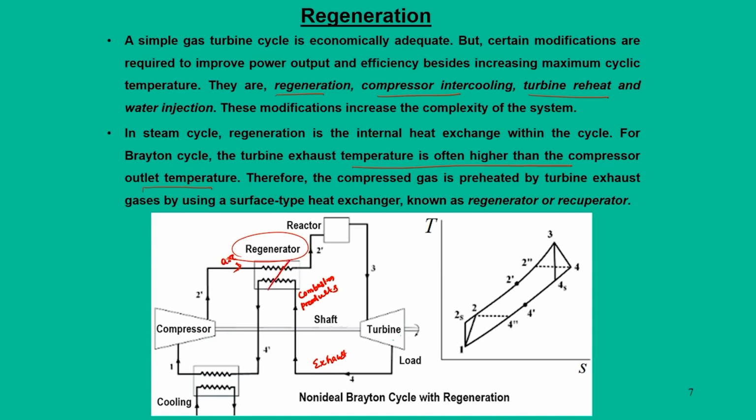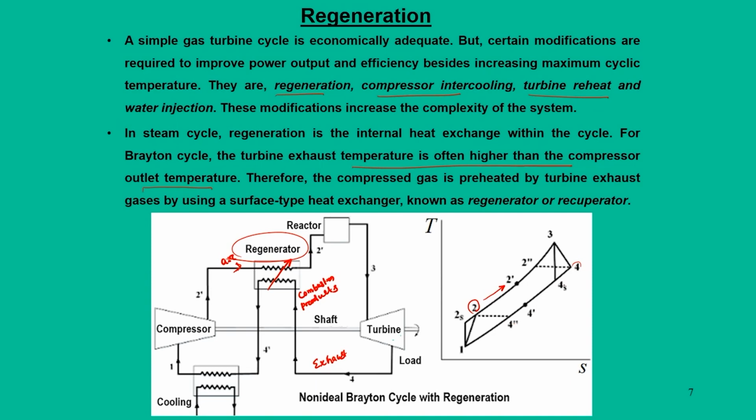So, air is getting heated in the regenerator, in which heat exchange takes place from the combustion products to the air. It is a kind of preheating of air before it enters the combustion chamber. What we have shown is that we are pushing the outlet temperature, that is 2, upward by taking heat from these combustion products, from 2 to 2 dash or 2 double dash, and we are also reducing the exhaust temperature which was supposed to be at T4, now it has come back to T4 dash or T4 double dash.